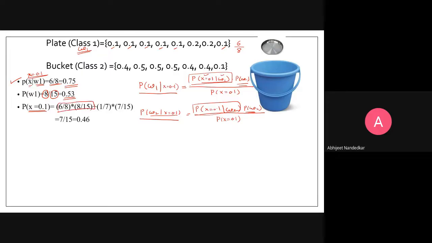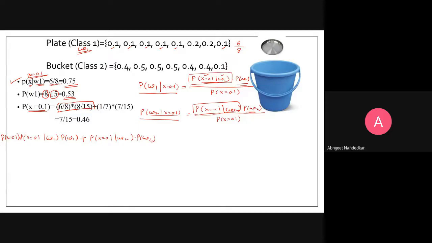This one, how do I do it? Probability of x equal to 0.1 equals probability of x equal to 0.1 given omega 1 into probability of omega 1, plus probability of x is equal to 0.1 given omega 2 into probability of omega 2.